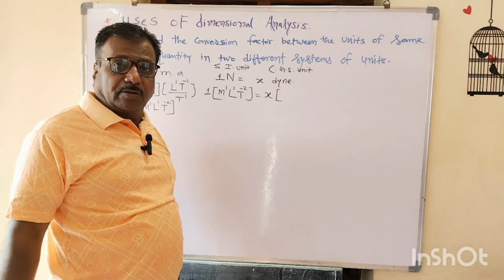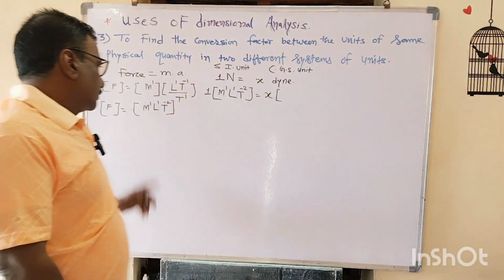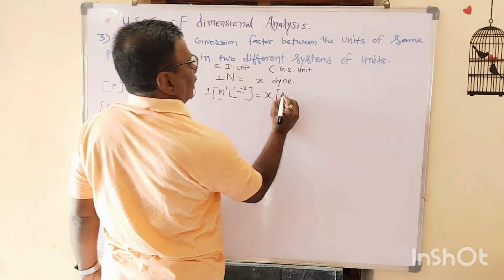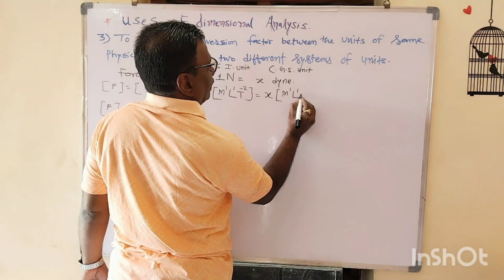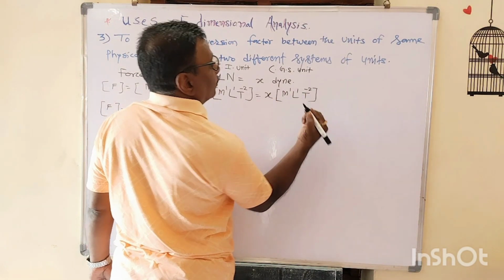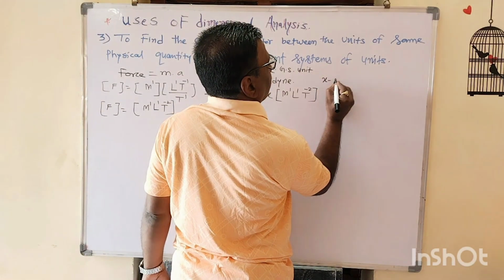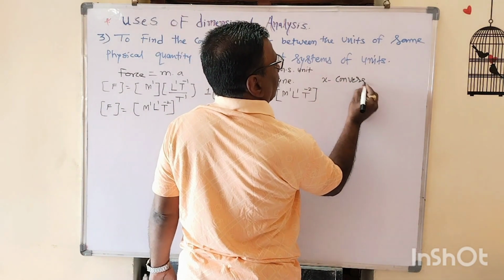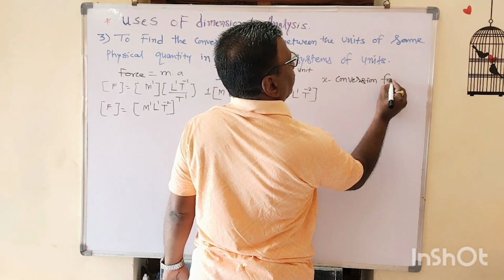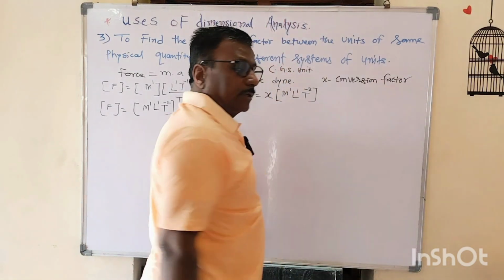Dyne is the CGS unit of force. Now substitute dimension of force here again. We get M1 L1 T raised to power minus 2. So what is x? Here x is a conversion factor.